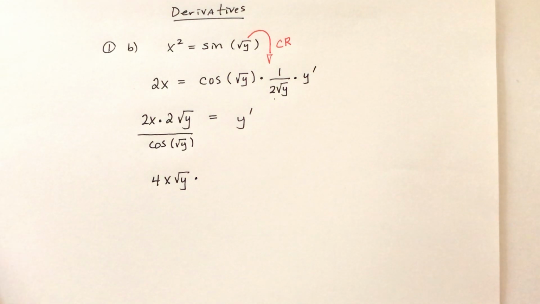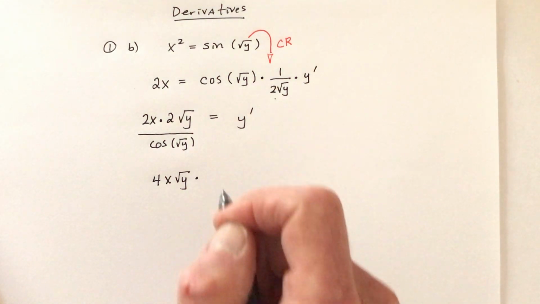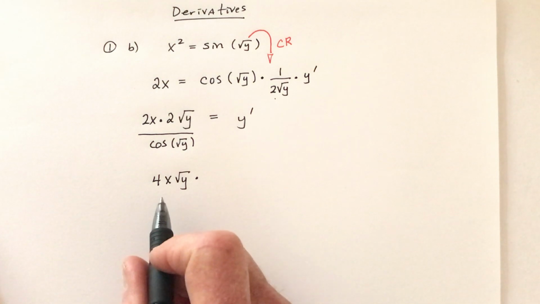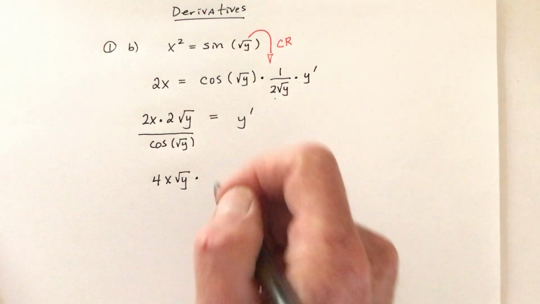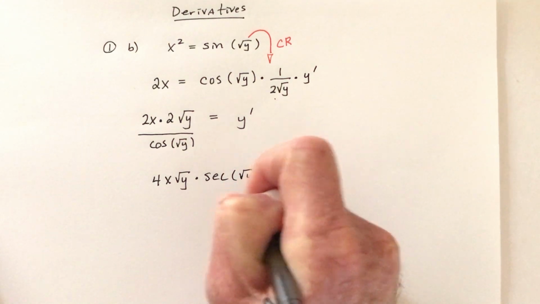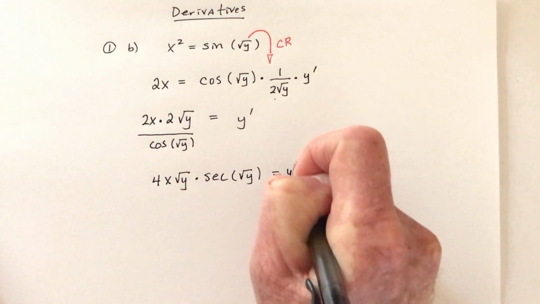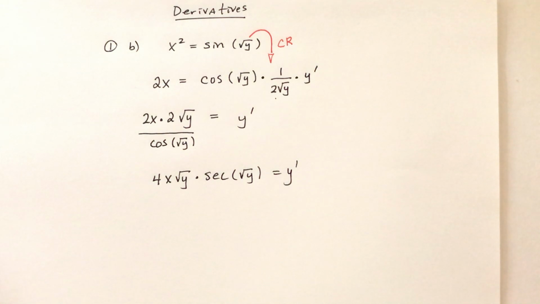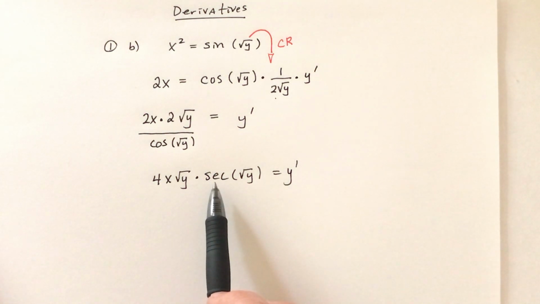And then you're working with your friend and they said, hey, for the answer, I got 4x square root of y secant of the square root of y. That equals y prime. There's my answer. And you're all, what? Where did this secant come from?